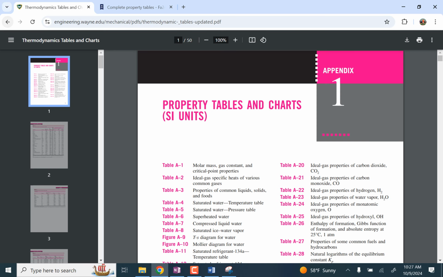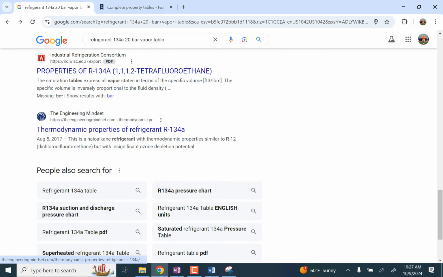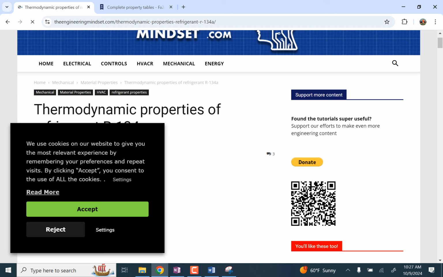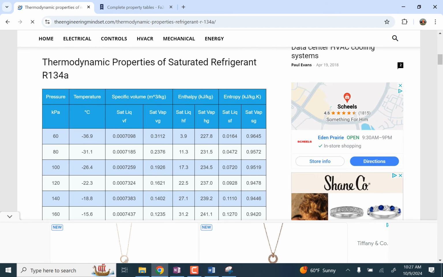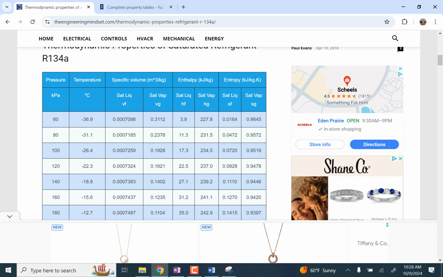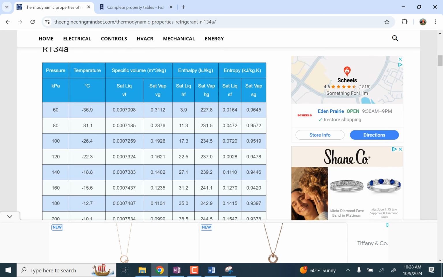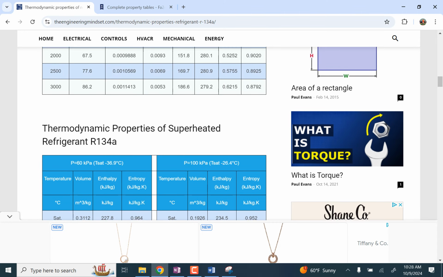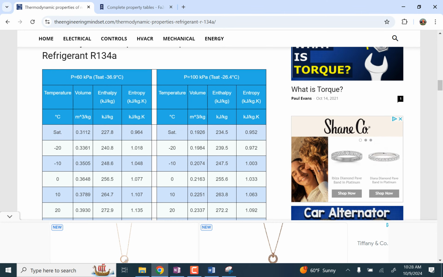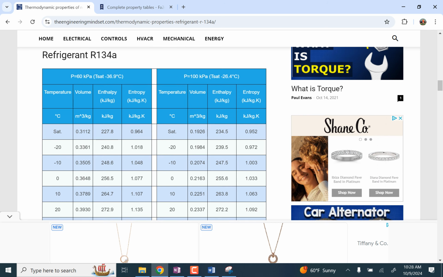So the problem is that our tables don't go up to that range. That's saturated, superheated. Okay.